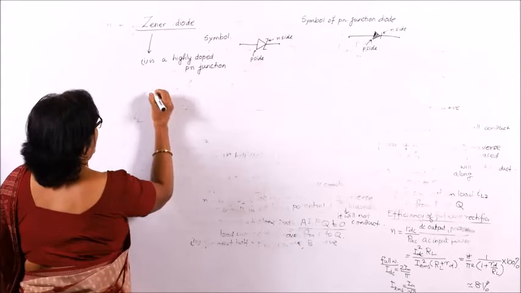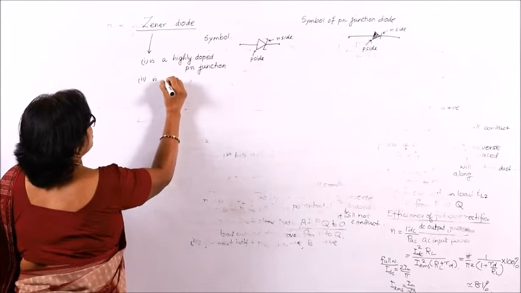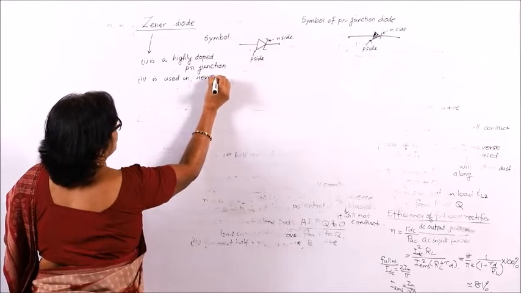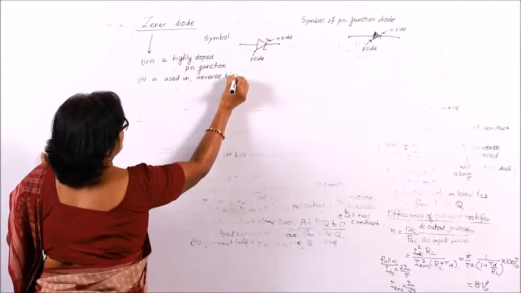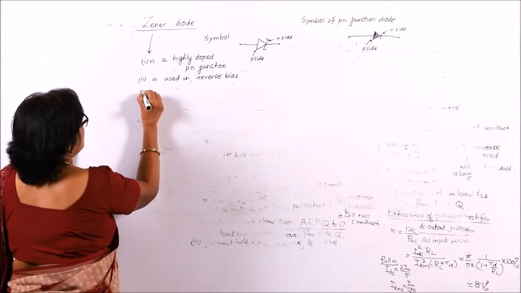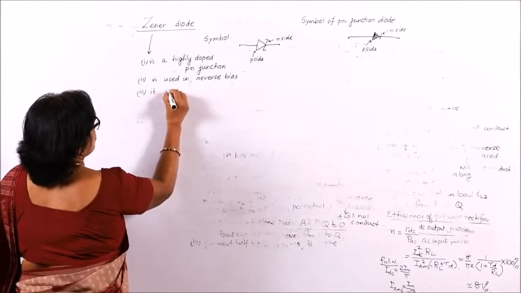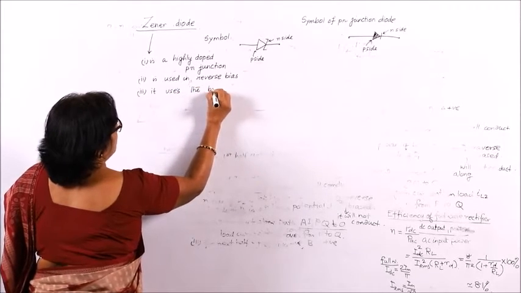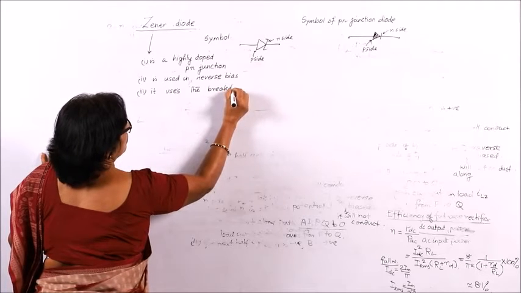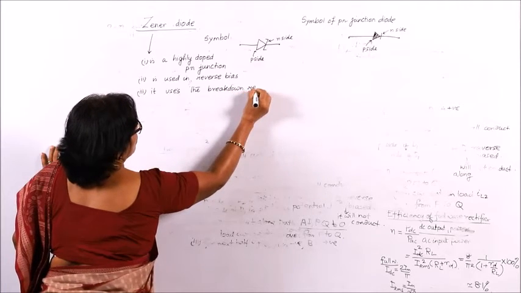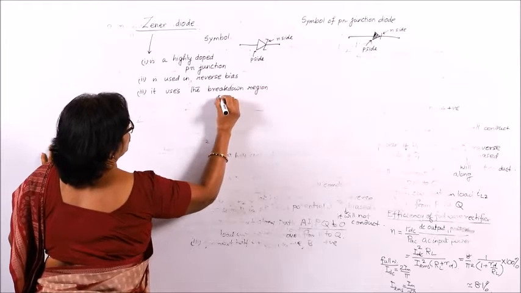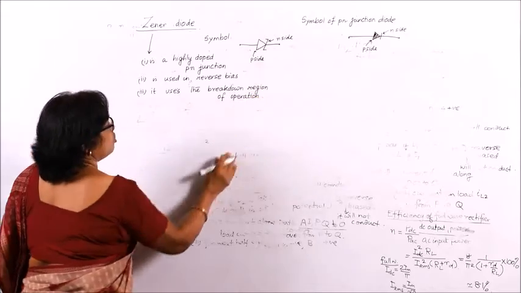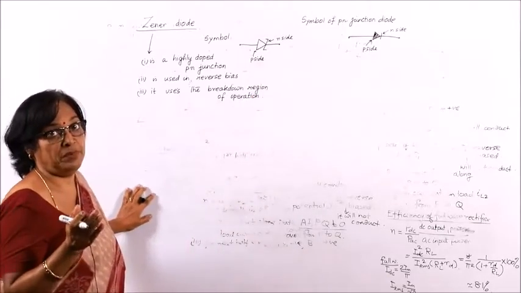Secondly, it is always used in reverse bias, and the main principle it uses is the breakdown region of operation.